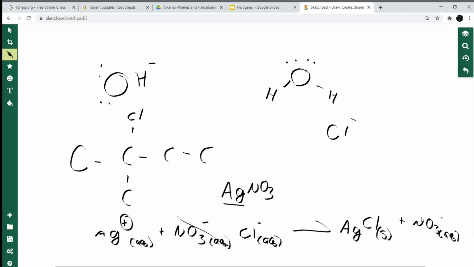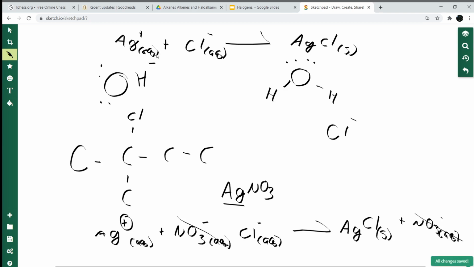And in fact, we wouldn't end up needing the nitrate at the end. So if it asks for our simplified ionic equation, we would be left with just Ag+ plus Cl-, and we get AgCl. We have to mark that that's solid and that both of these are aqueous. Remember, whenever it does ask for an ionic equation, you will need to use the states of all of those molecules.